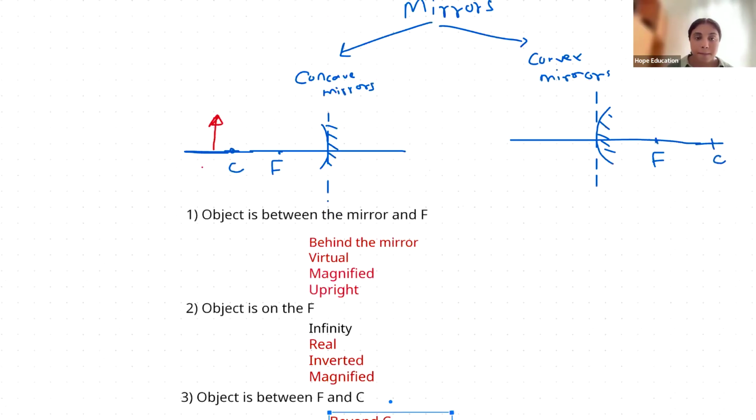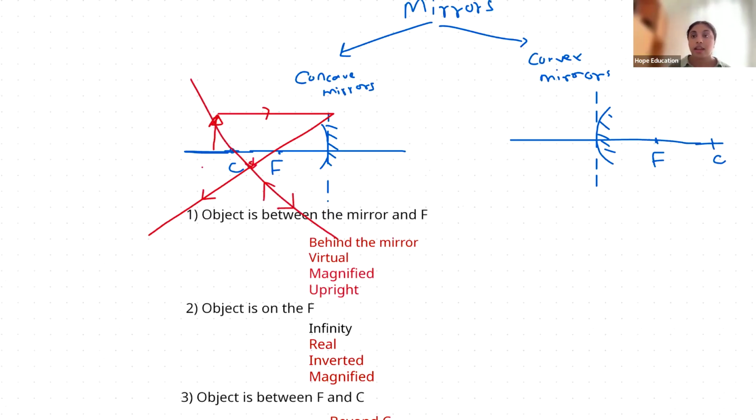We'll see. The parallel light ray reflects through the focal point. The ray through the center of curvature reflects along the same path. So this is where they meet and this is where the image is formed.